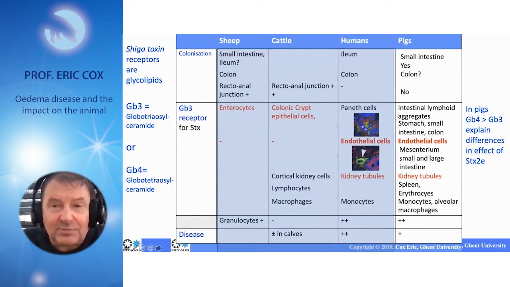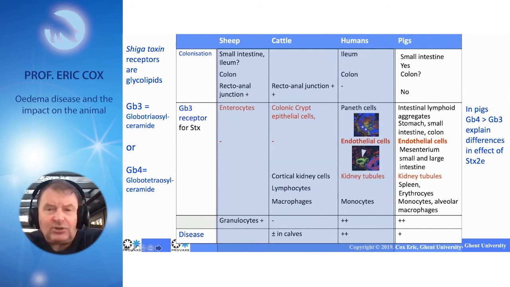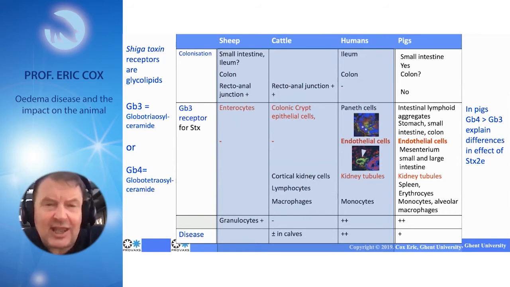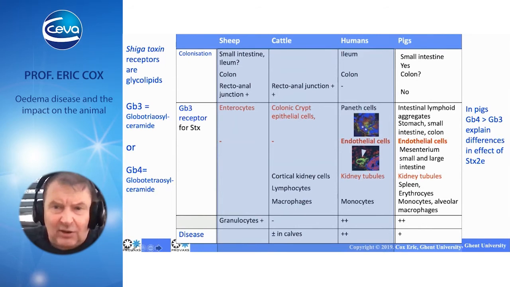different animal species and humans in which Shiga toxin can have an effect on the mucosa. Just to show you the difference between pigs and ruminants and humans. So the Shiga toxin of the Edema disease strains is a toxin that binds to globotetraosylceramide.